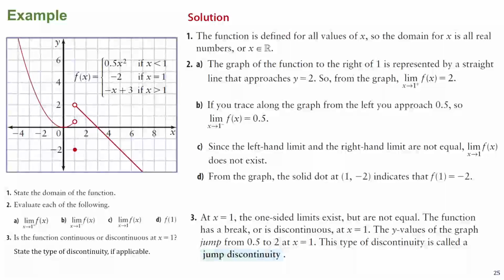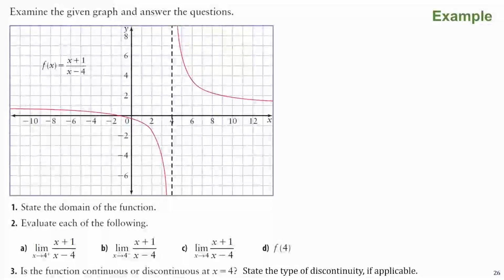So even if you put this point back, you do not have a continuous function at x equals 1. And its left limit does not equal its right limit, so the type of discontinuity is called a jump discontinuity. You get it? Okay, then let's have a look at another example.